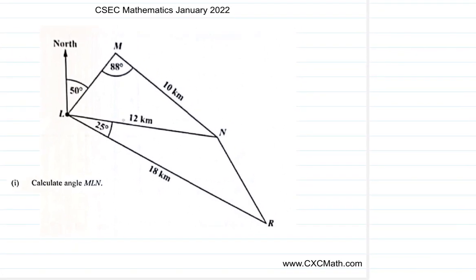Now, MLN. Okay, it's this angle here. You're going to have to deal with a particular triangle here, right? LMN is the triangle that we're dealing with. Let's take it to one side.